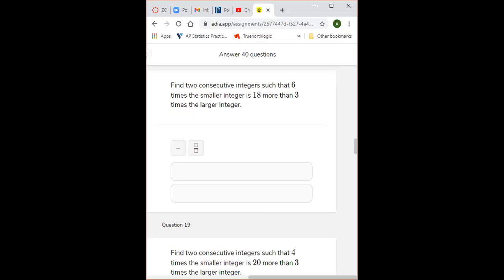So we're just making it easy. I want to get my x's on the same side, so I'm going to move this 3. It's a plus, so I'm going to subtract it. 6 minus 3 is 3. And on the other side, we get 21. Finish it out. We're going to divide by 3, and x equals 7.